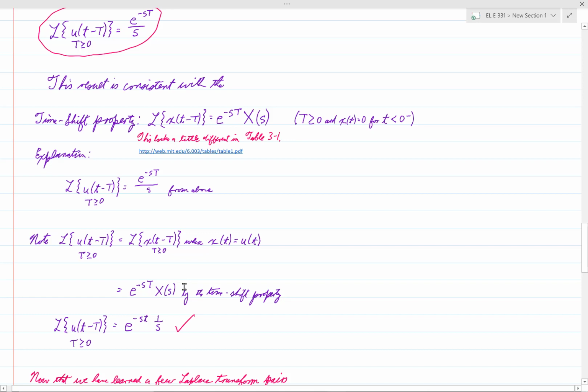So X of s is the Laplace transform of u of t, which is 1 over s. And so what do we end up with? e to the minus sT over s, which is exactly the result we obtained up above using the Laplace transform formula. But here we obtained it in a different way using the time shift property. So that's another transform pair for us and still another property for us. Okay.